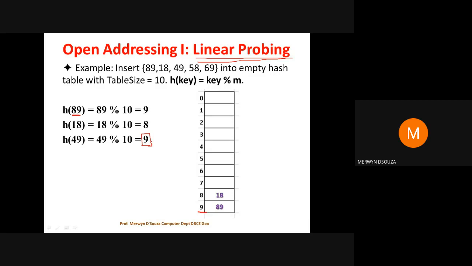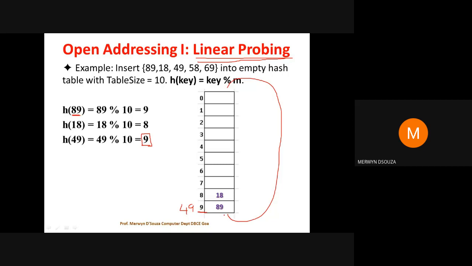In linear probing, consider this as a circular array. I wanted to insert 49 here, but this is full.